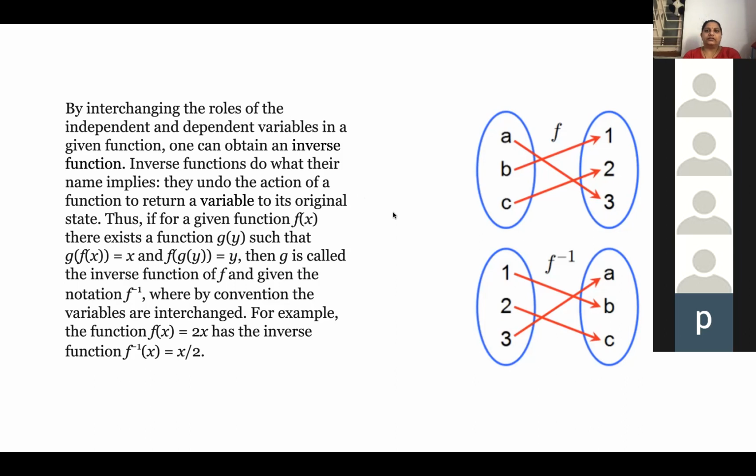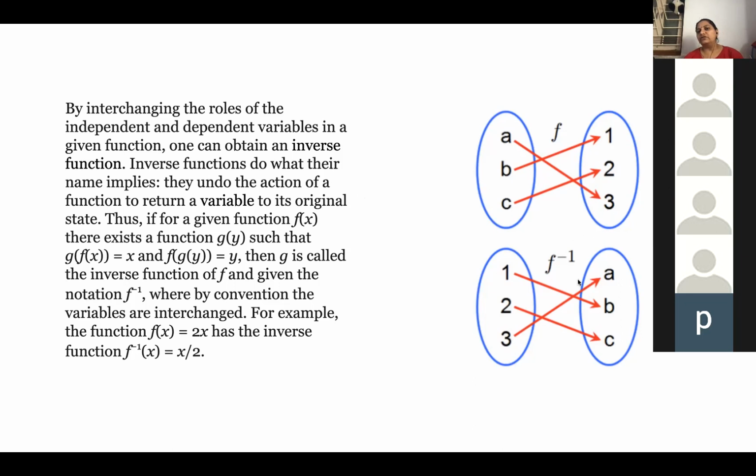Okay, like that. Here we can see the diagram, where it is a one-to-one and onto function. You can see it is a bijective one. Here a is assigned to 3, b is assigned to 1 and c is assigned to 2.